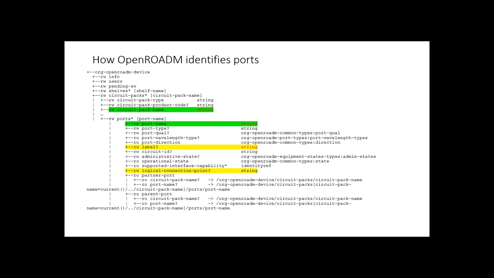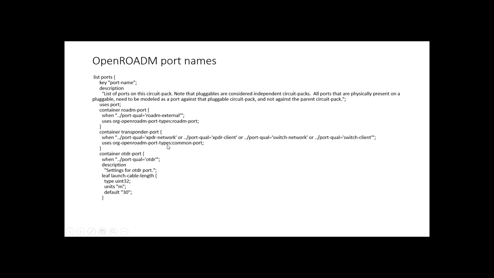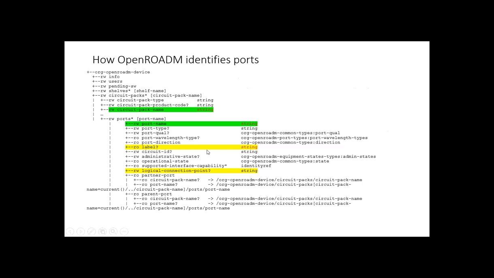Being not so straightforward to extract a unique number starting from strings, the implementation at the beginning of the development was to overload the label leaf and put the integer value of the port identifier inside it. But actually, the label field is an optional label, as you can see from the question mark in this representation, and it's again a string.